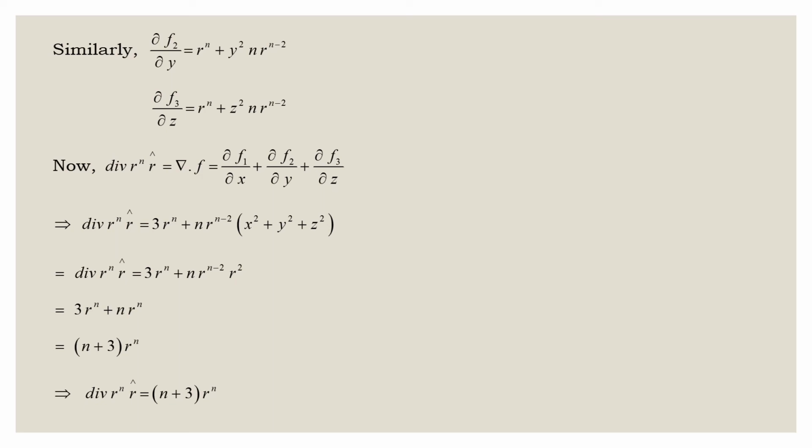As a whole, we get divergence equals 3r^n plus n r^n. If we take out r^n, we get r^n times (n plus 3). So, divergence equals (n plus 3) times r^n. This is the divergence of the given vector field r^n r cap.